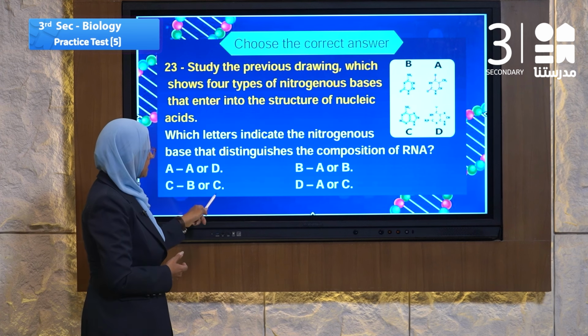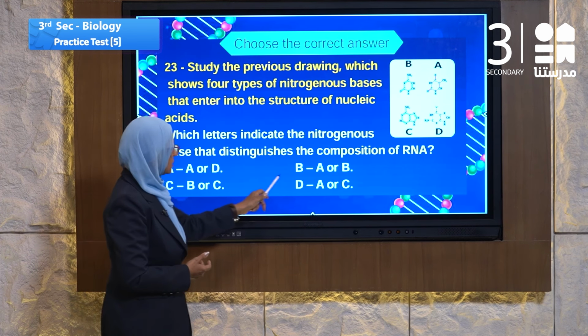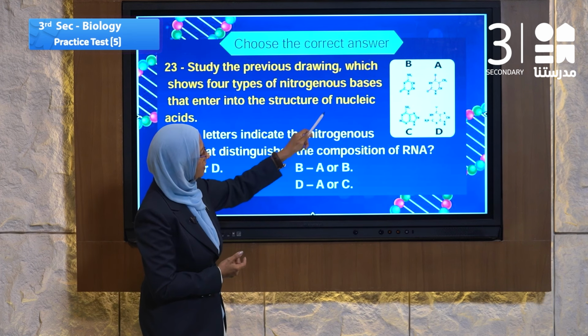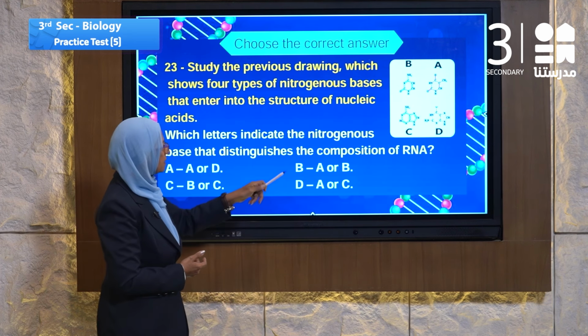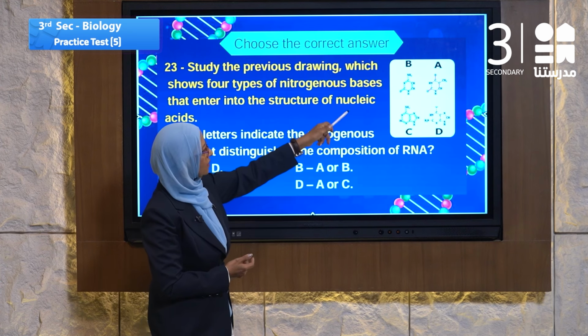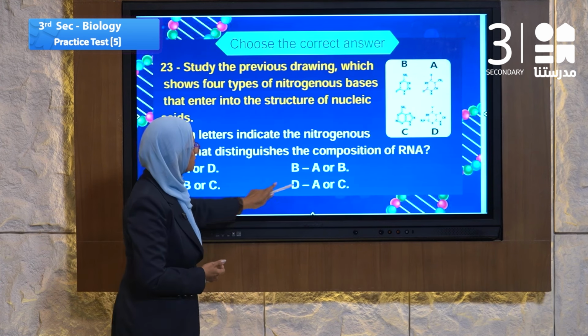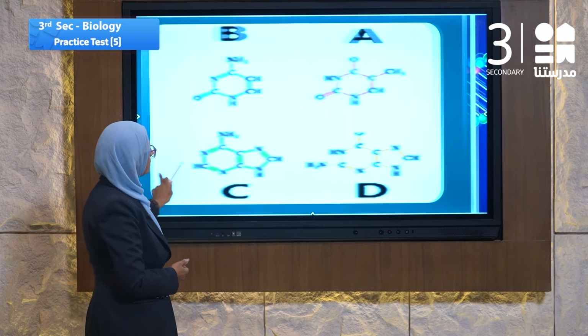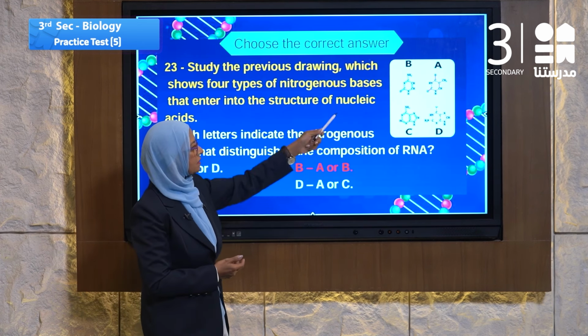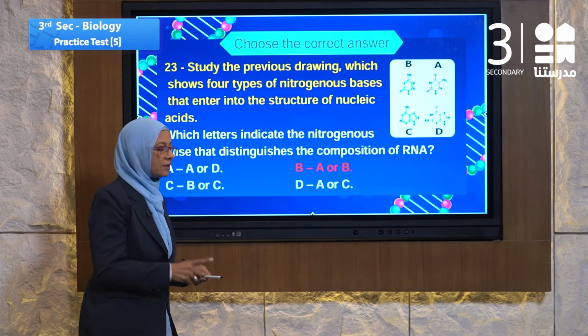B or C, no, because one of them has one ring and the other has two rings. A or C, A has one ring and C has two rings. So the answer must be A or B, because it consists of only one ring.